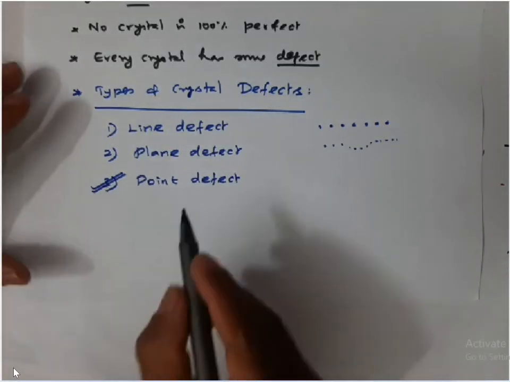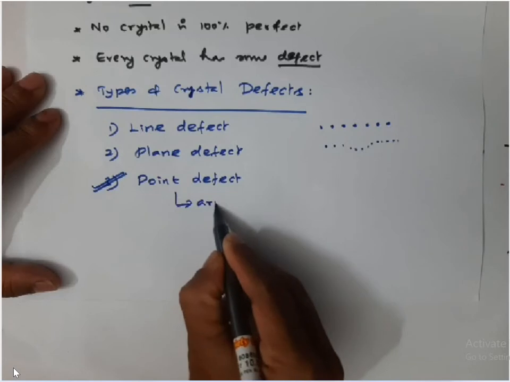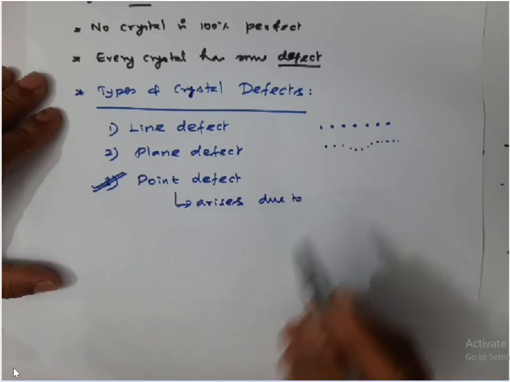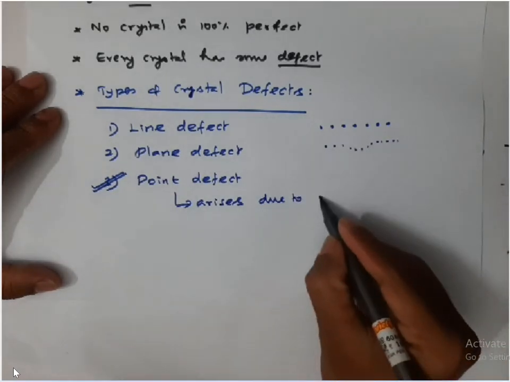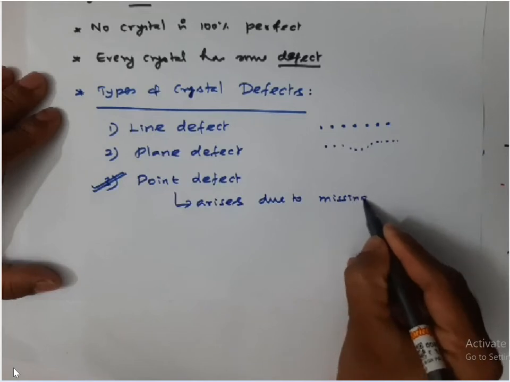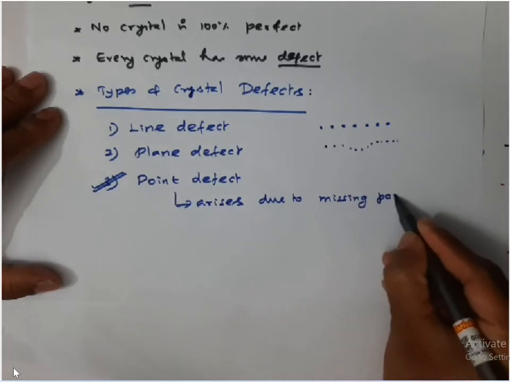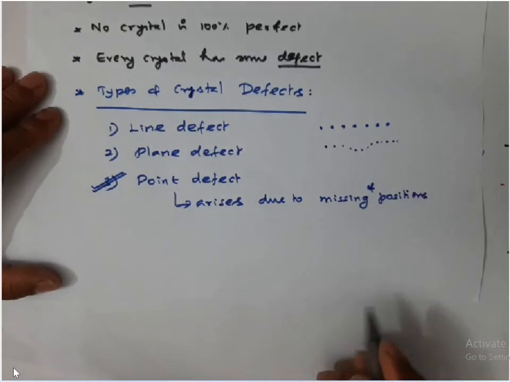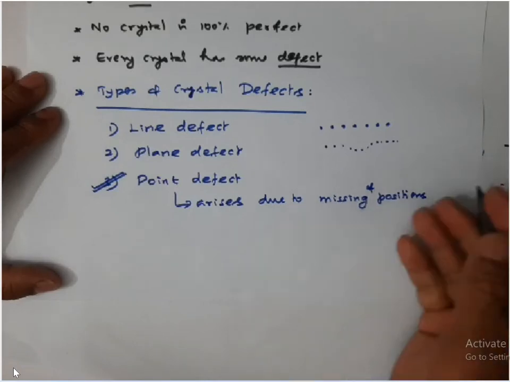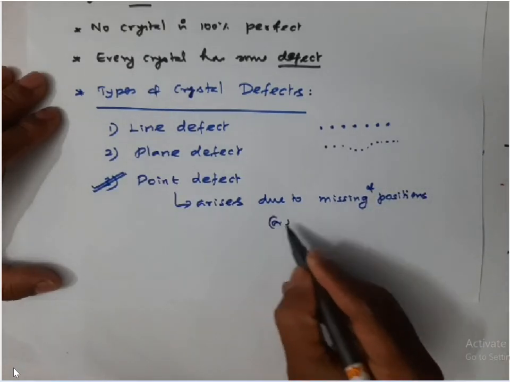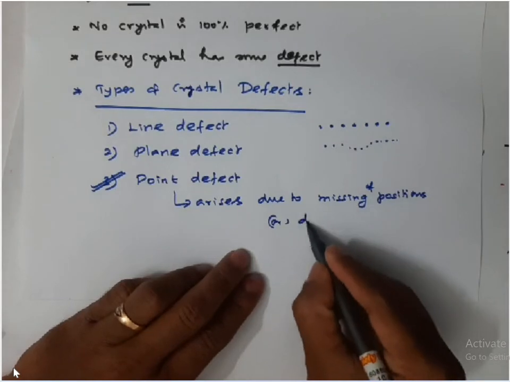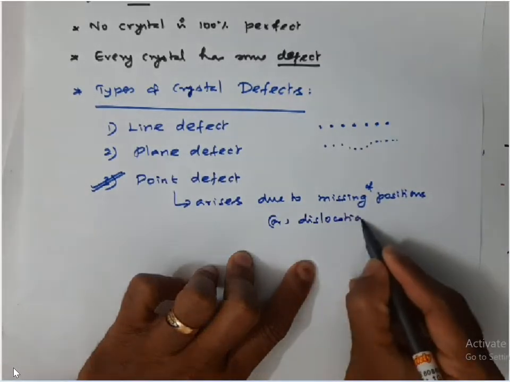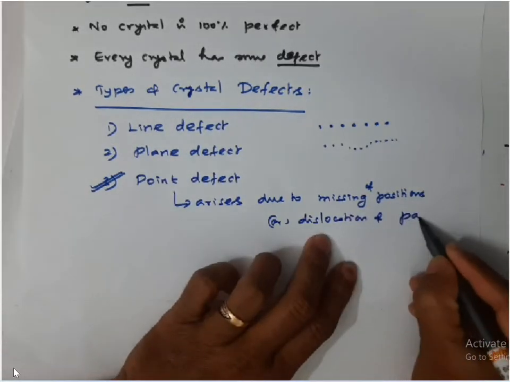Point defect arises due to missing of positions that should be occupied by the atoms, or it may arise due to dislocation of constituent particles.